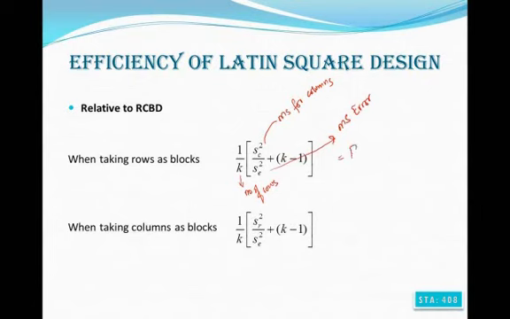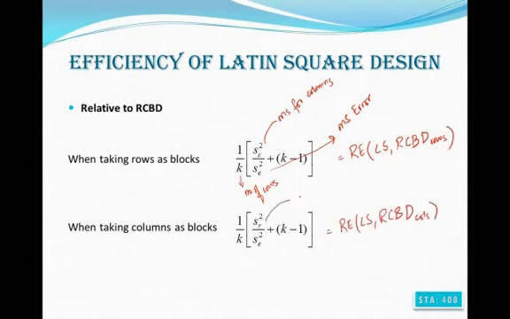It's the relative efficiency of Latin square design to randomized complete block design, taking rows as blocks. And this is the relative efficiency of Latin square design to RCBD when taking columns as blocks.